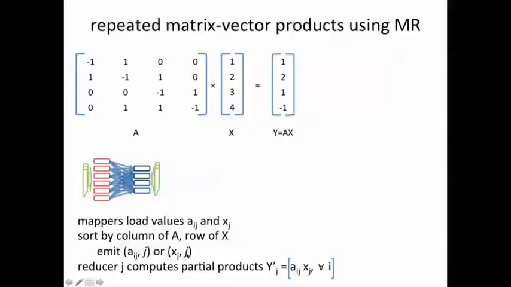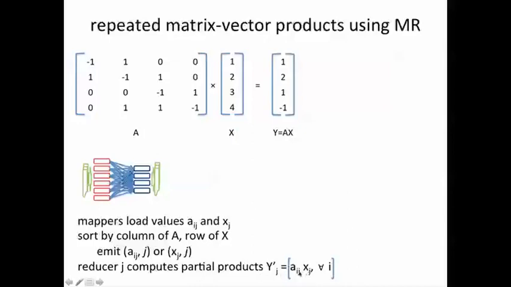Obviously, each real reducer has a bunch of j's which it gets, so each reducer will get a bunch of columns of A and a bunch of rows of X. When a reducer J gets all its elements, it computes the partial product Aij times Xj.